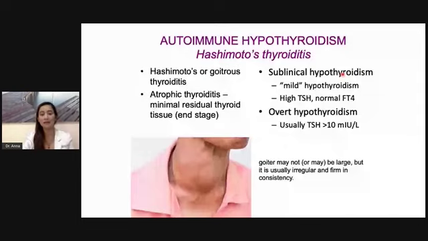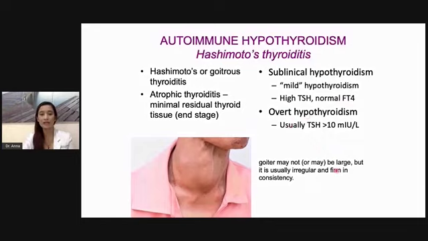So sometimes they can have subclinical hypothyroidism, high TSH and a normal FT4. But in most cases, these patients will present with overt hypothyroidism, usually TSH of more than 10. Usually, the goiter would appear large, regular, and firm in consistency.